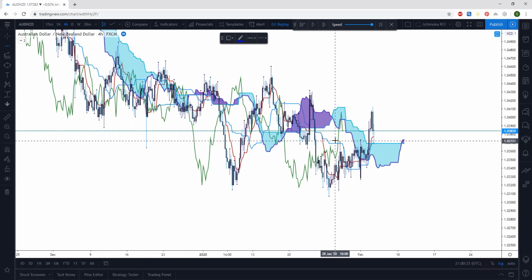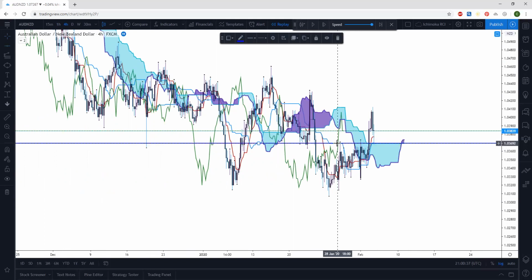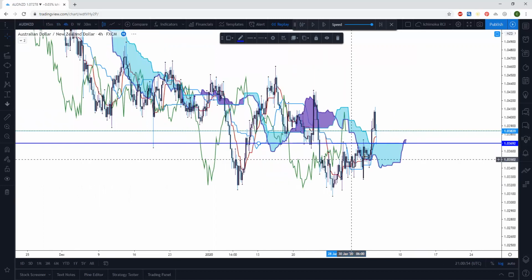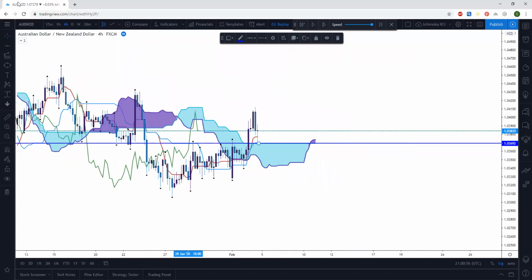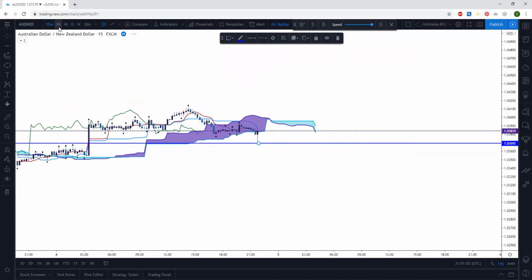Kijun has been flat right here 3 times. Here. My mouse started working. Okay. Here is 2, and right now it's flat right here as well. Right. So now that you have your support drawn down there on the Kijun, start going back down to the smaller triangle.